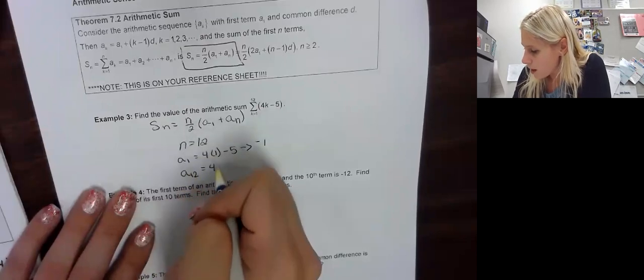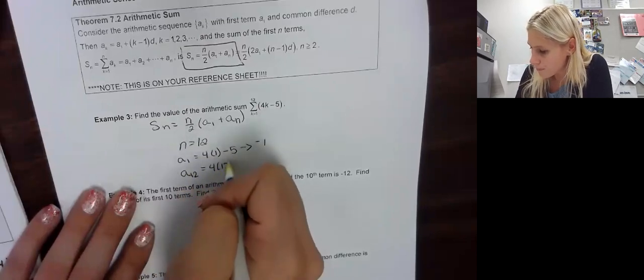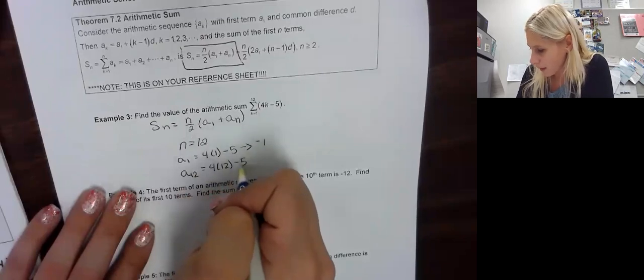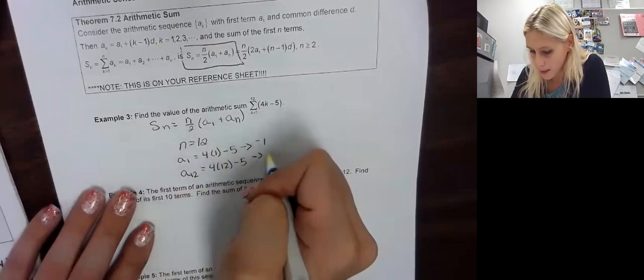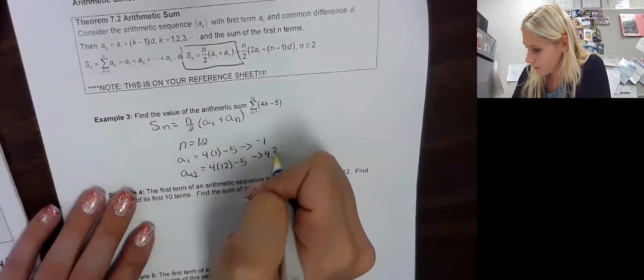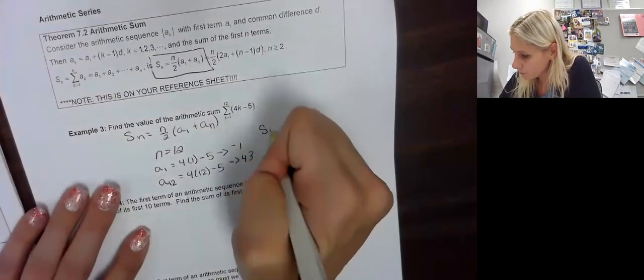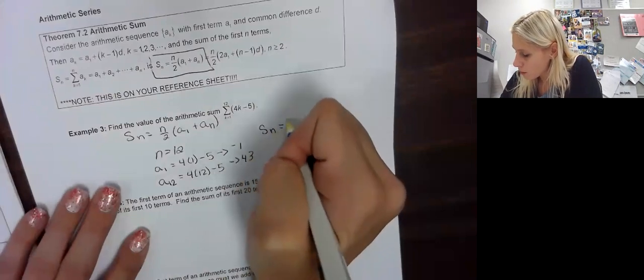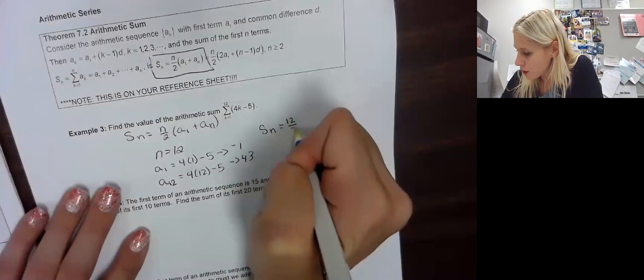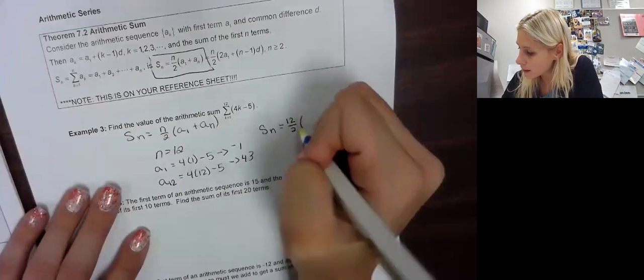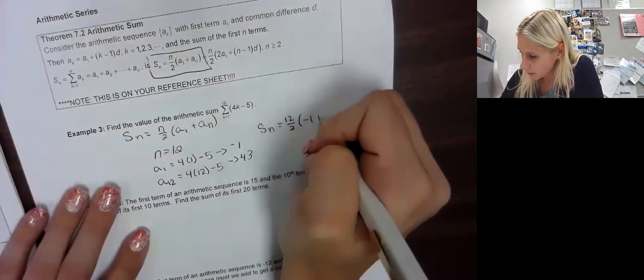So it's 4 times 12 minus 5. When we do that, it's 43. And now I can plug it into my summation formula. So 12 divided by 2 times -1 plus 43.